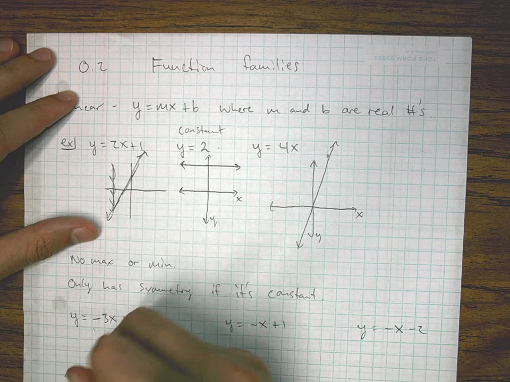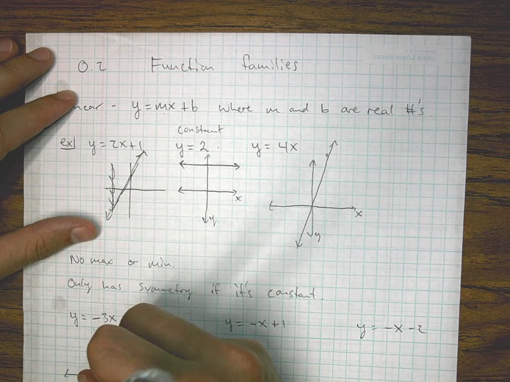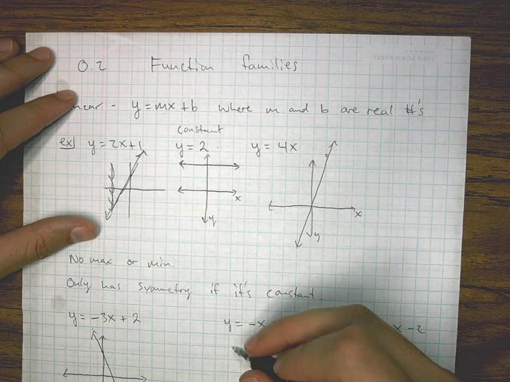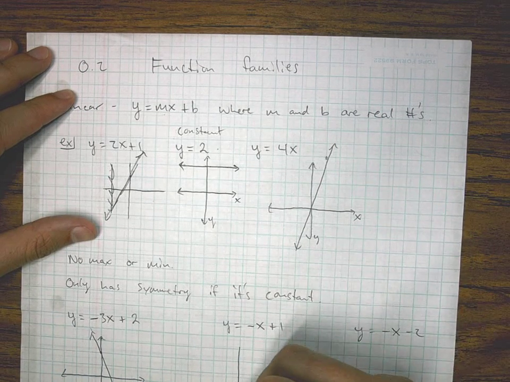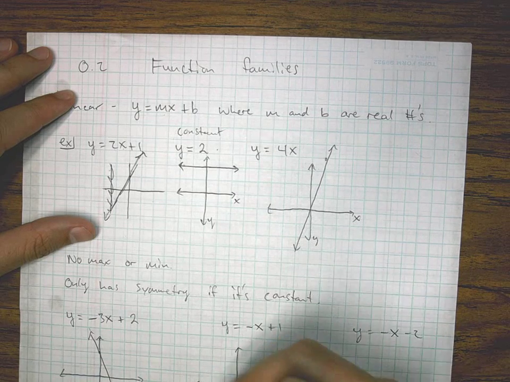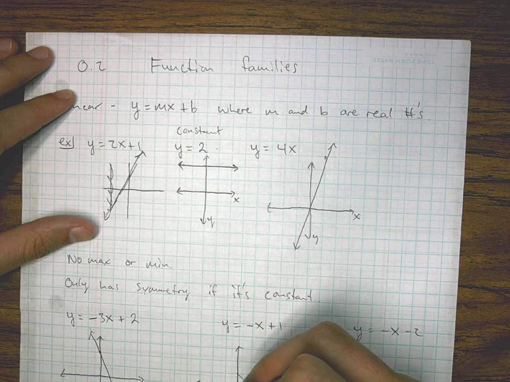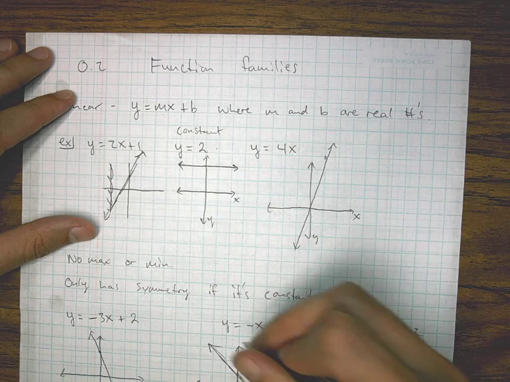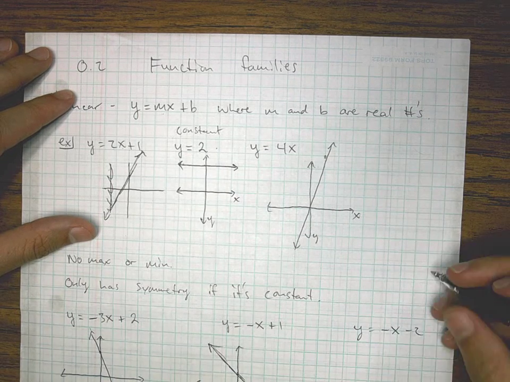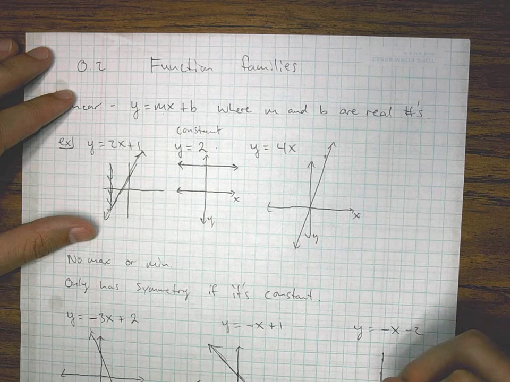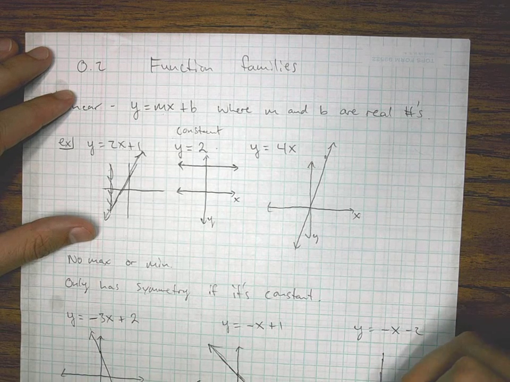So this would be an example of this graph. There's x, there's y. Here's an example of another graph. Negative x plus 1. And here's negative x minus 2.